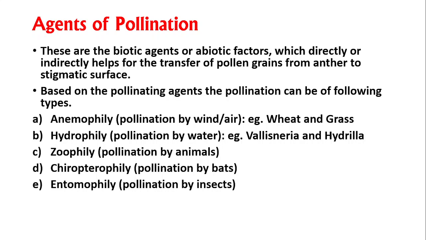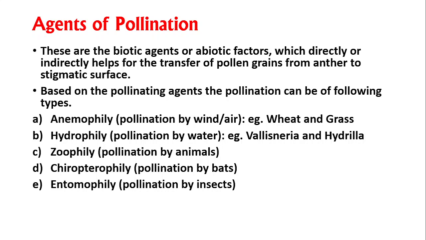So pollination is an important mechanism by which pollen grains are transferred from the anther to the stigmatic surface. Different types of pollination and different types of pollinating agents are there, as I have explained.